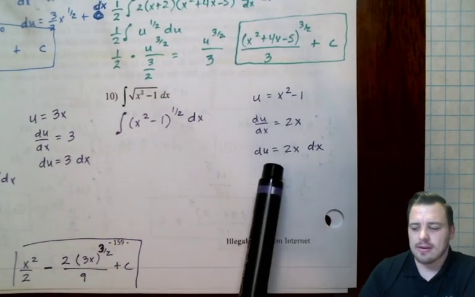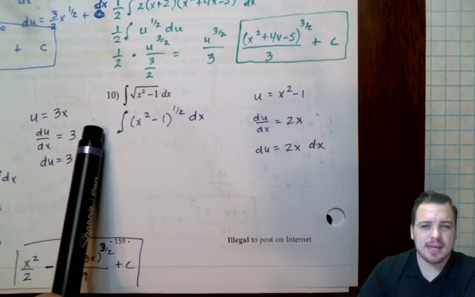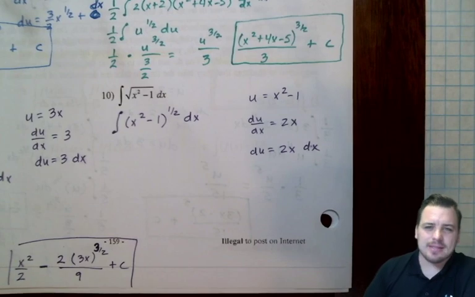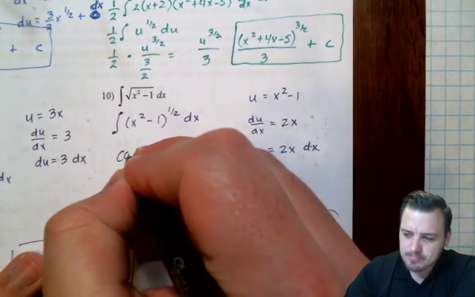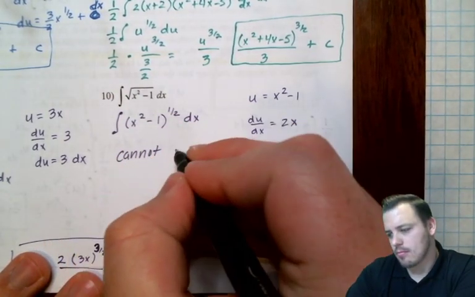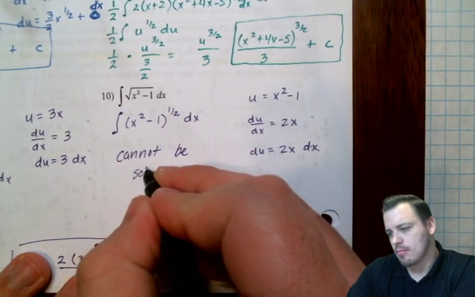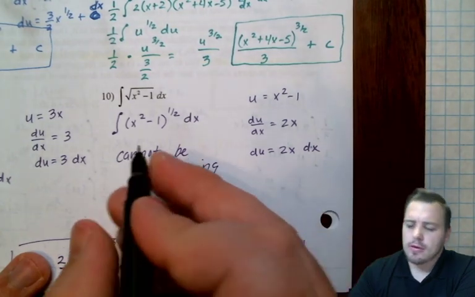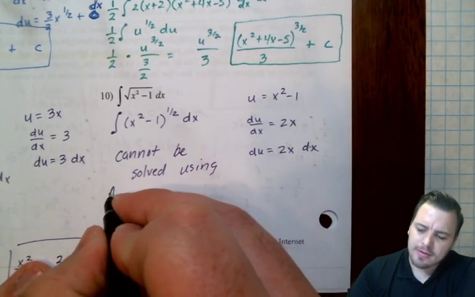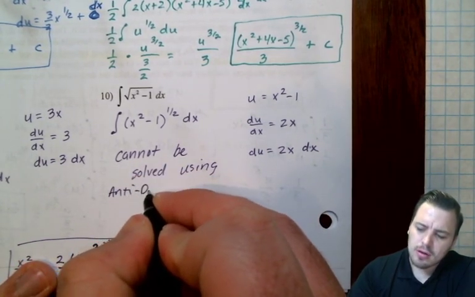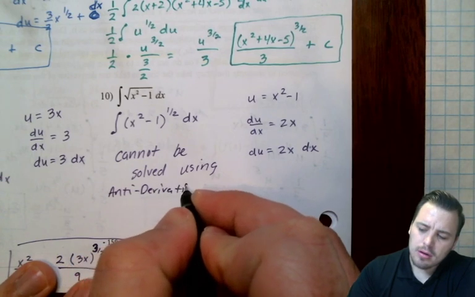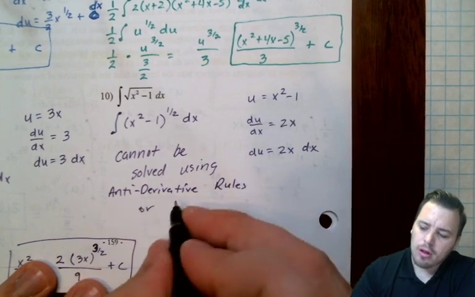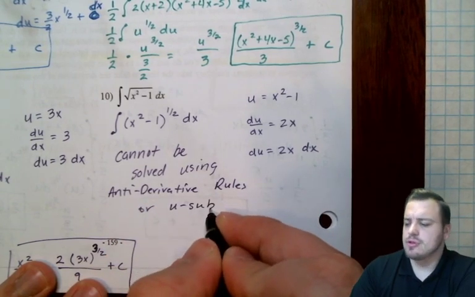So getting here, I cannot multiply this side by 2x and this side by 1 over 2x. So this cannot be solved using antiderivative rules or U-Substitution.